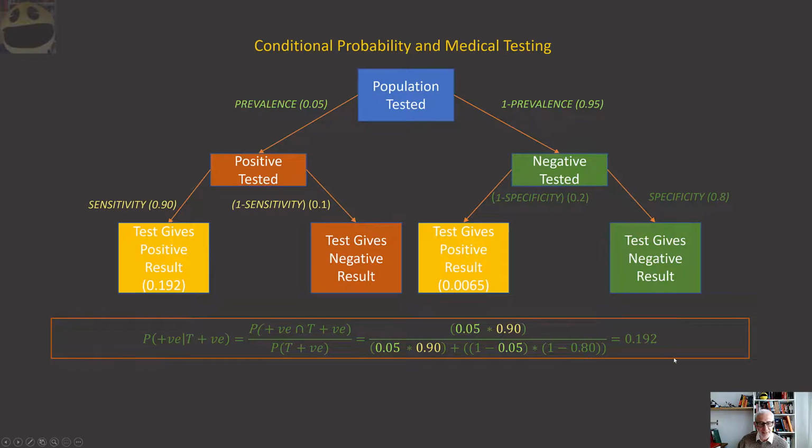I'm not quite sure if I said that correctly, so I'll say it again. The probability with these figures that you see on the chart that you are positive, given that you tested positive, is only 19.2%, which many people find to be, wow, that's not very good, is it? And this is a truth, yes.